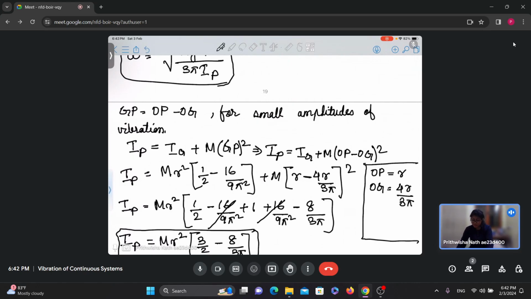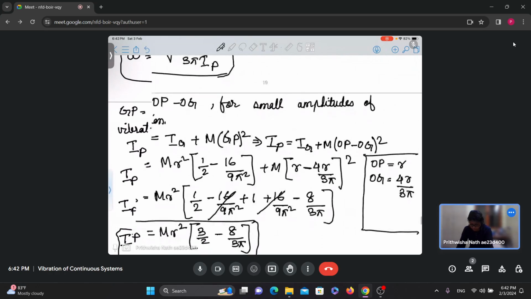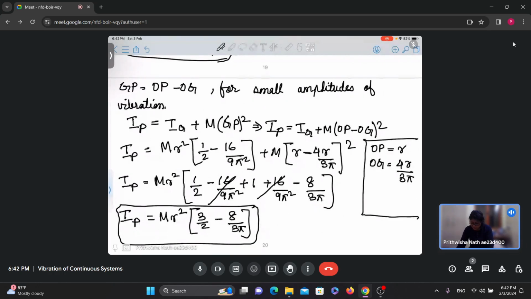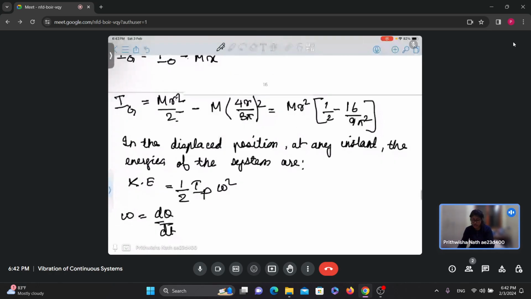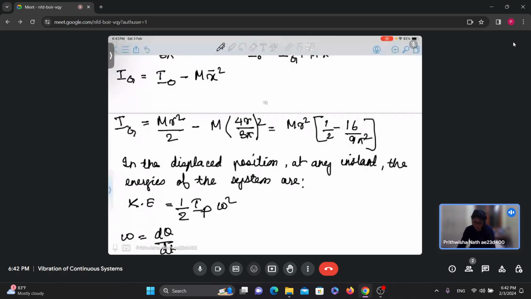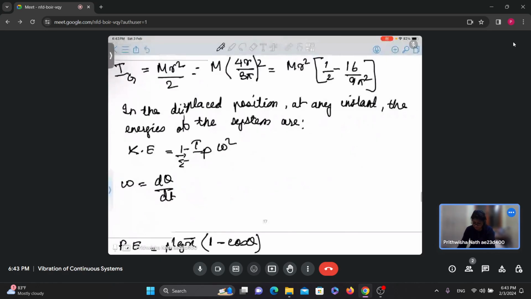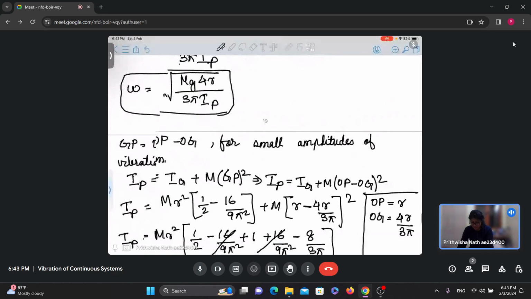Now we simply substitute IG. At the beginning of the sum we calculated IG, as you can see from here. So mR square into half minus 16 by 9 pi square. So we substitute here. Then in place of OP we substitute R and then OG.